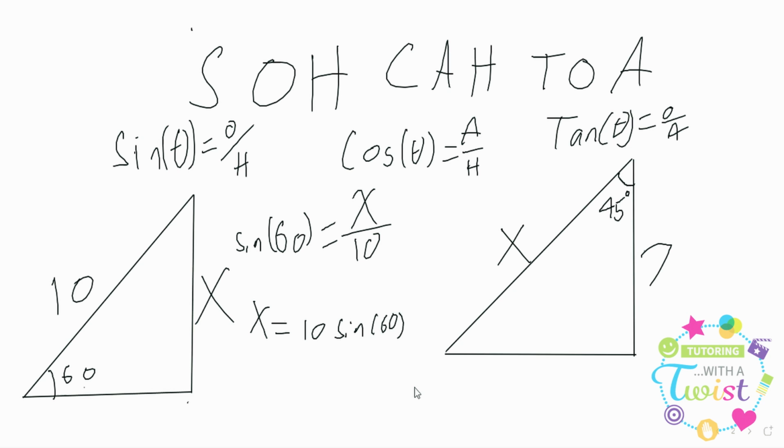You can go ahead and get your calculator out. You can plug in 60, take the sine of that, multiply it by 10, and we will get that x equals about 8.66. So if I had a 5 up there earlier, that was a lie. What I meant to say was 8.66.